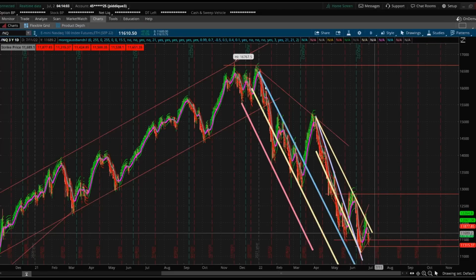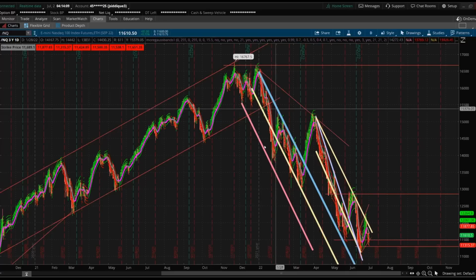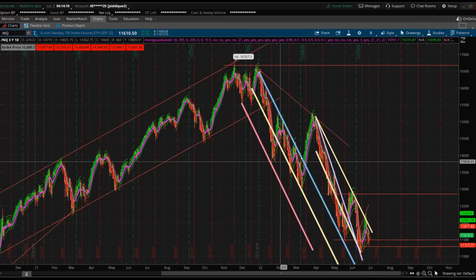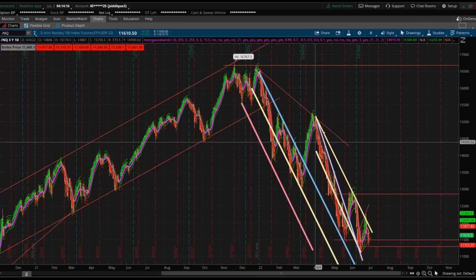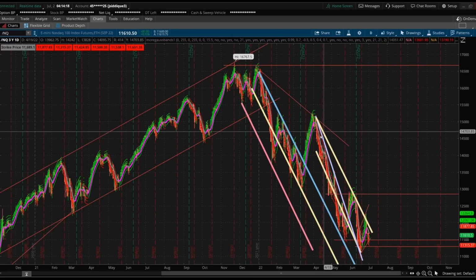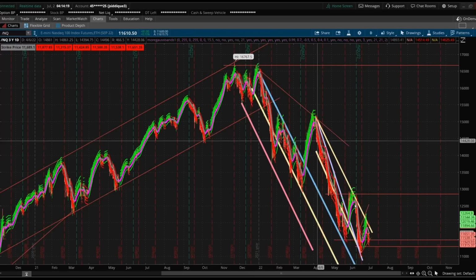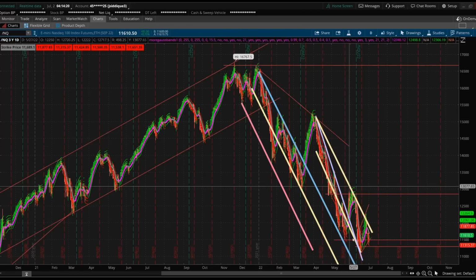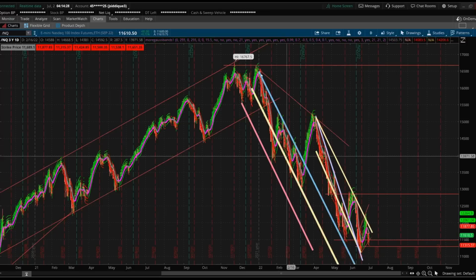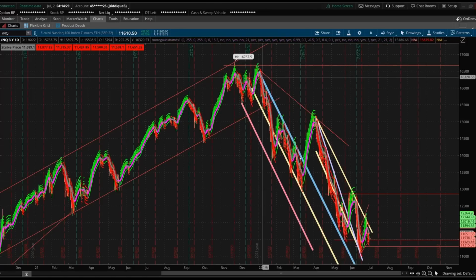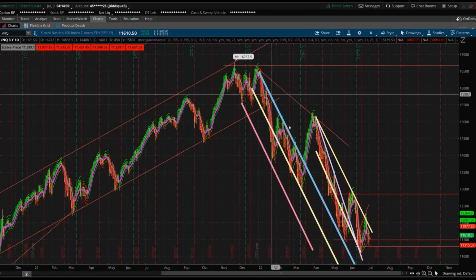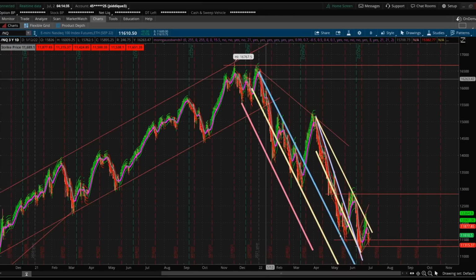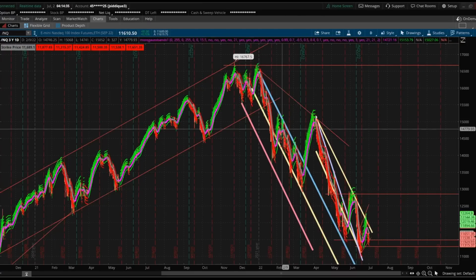So we had this blue line to the pink line, which is one channel, and then similar width, almost same width, the blue line to the white line here was the second channel. Interestingly, the bottoms of this new channel are hitting the tops of the old channel. So this blue line was the tops of the old channel, first channel, and now that's setting the bottoms of this new channel.